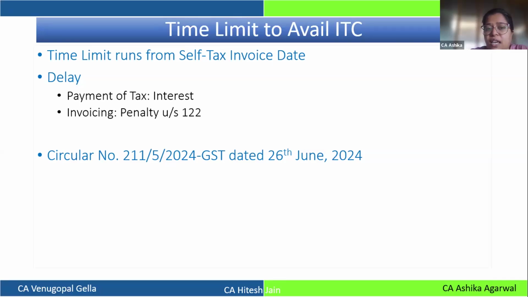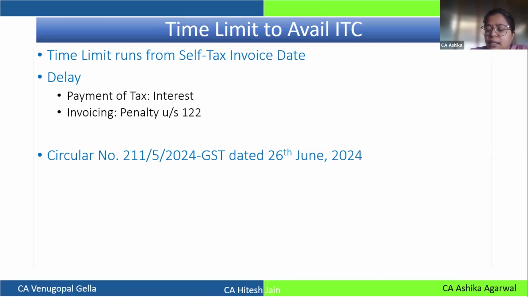Rule 47A has been specifically inserted. Therefore, the moment I lapse that time limit, even though I am liable for consequences, by way of just raising a self-invoice on today's date, I can't override the time limit. So it will run, as per me, from the time of supply.